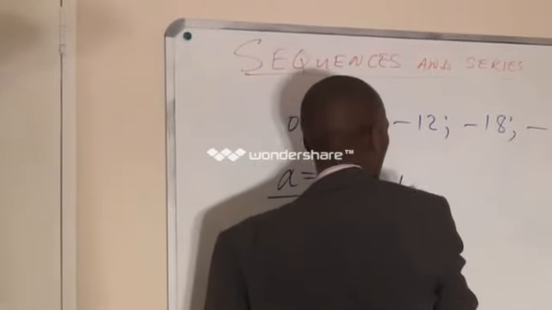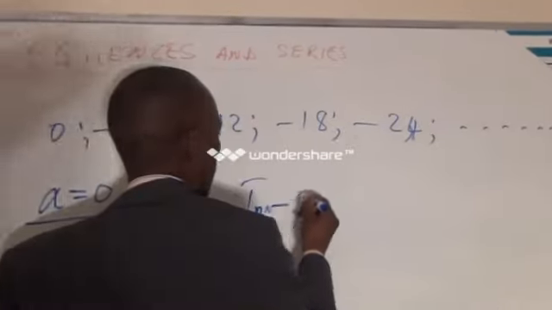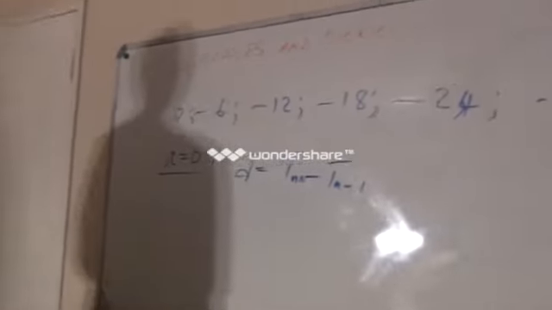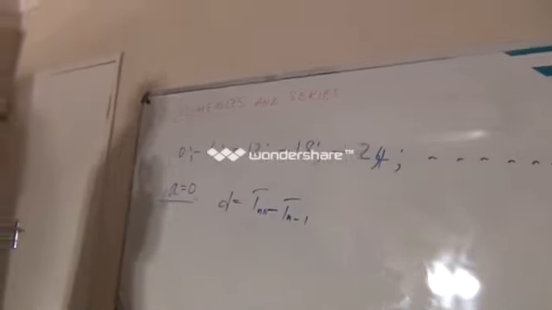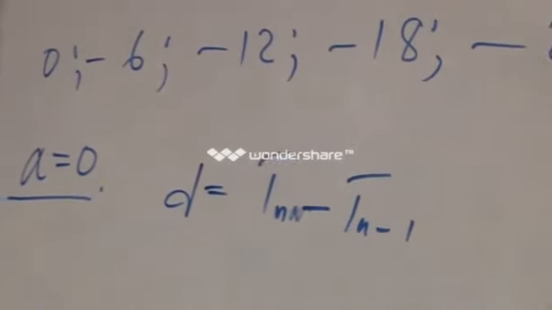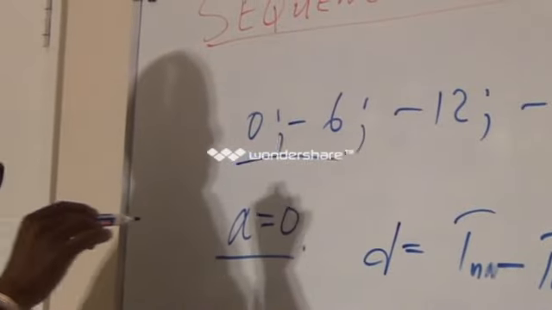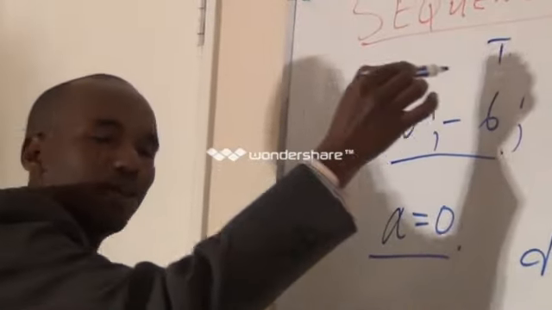Petty has just said that our common difference D is always Tn minus Tn minus 1. Correct? Good. If that is the case, let's use our first pair. What is T here?